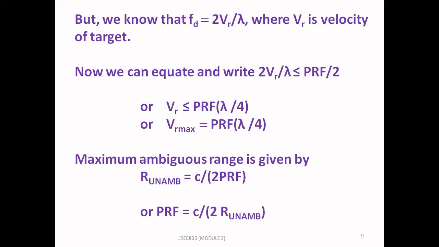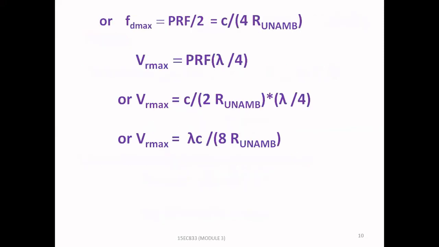Maximum unambiguous range is given by R unambiguous equal to C by 2 PRF, or PRF equal to C by 2 R unambiguous, or Fd max equal to PRF by 2 equal to C by 4 R unambiguous. Vr max equal to PRF into lambda by 4, or Vr max equal to C by 2 R unambiguous times lambda by 4, or Vr max equal to lambda into C divided by 8 R unambiguous.